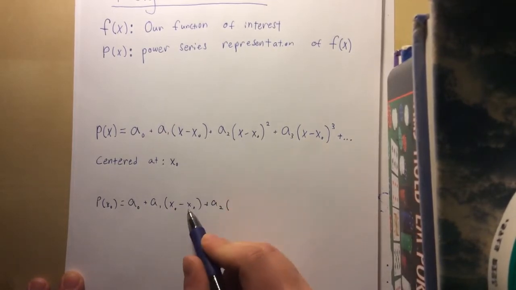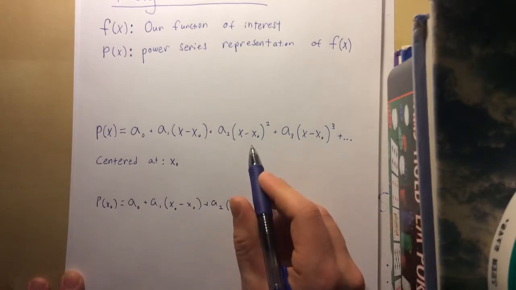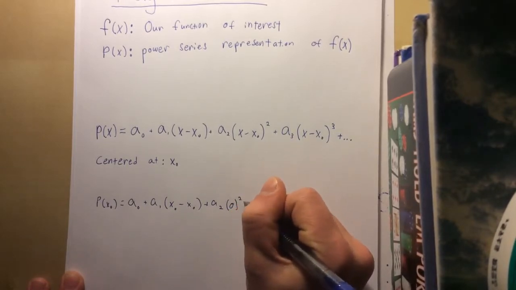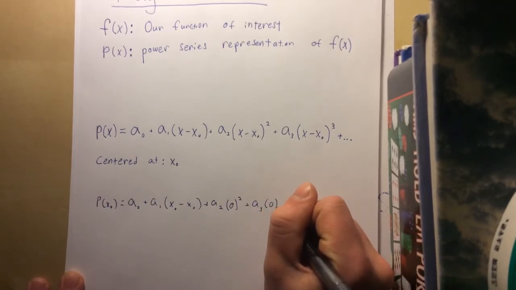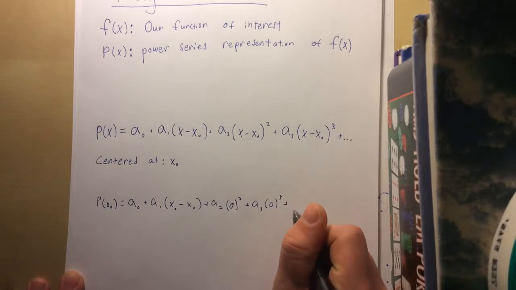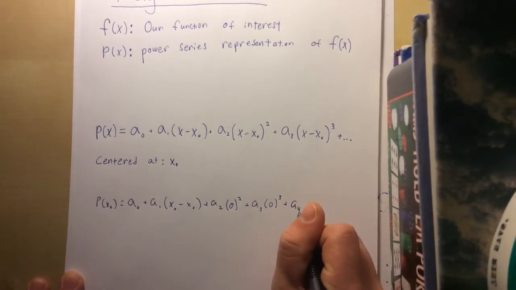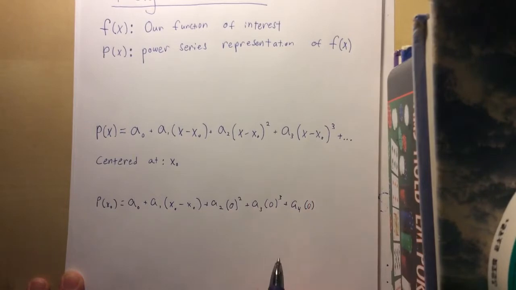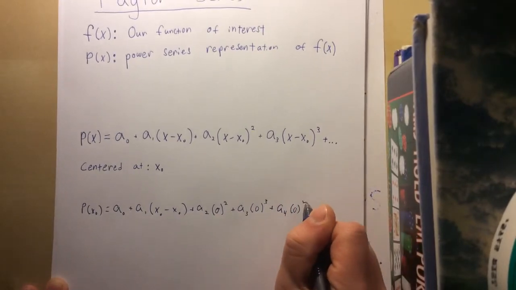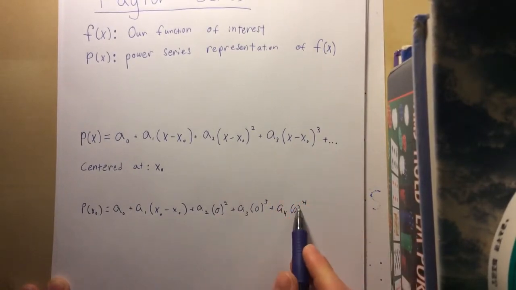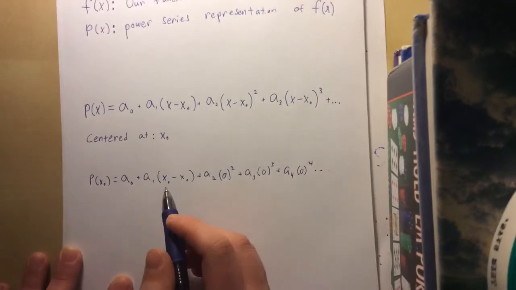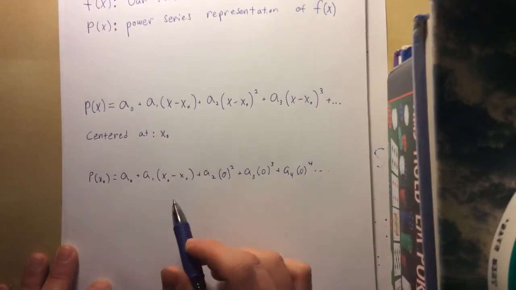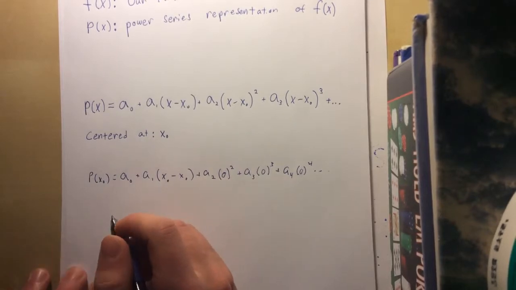Once again, it's x naught minus x naught, so that's 0 squared, plus a sub 3, which is our third constant, times 0 cubed. And I'll write another term, a sub 4 times 0 to the fourth. You can keep on writing this, adding another term, and it keeps going on. Luckily, all these terms, since they're multiplying by 0, cancel out.